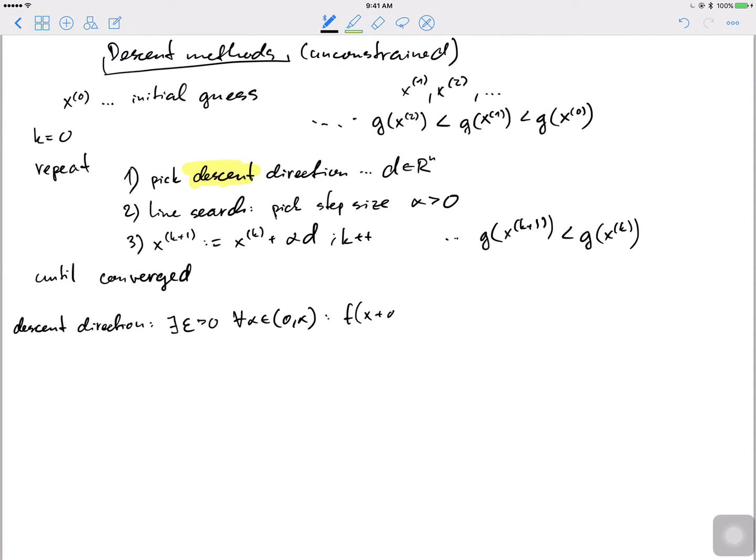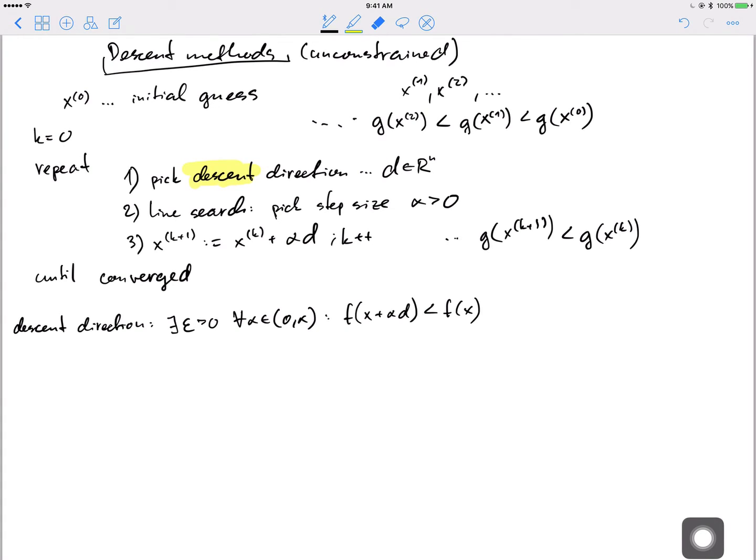So g(x + alpha d) is strictly less than g(x). That kind of intuitively makes sense, right? If I make sufficiently small steps in the descent direction, then my function is actually getting lower.